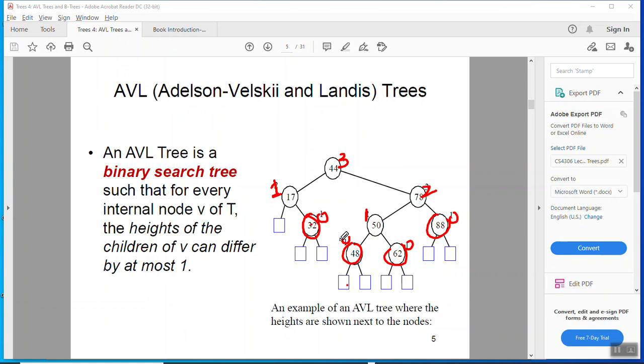So what is the difference between the heights of these subtrees? Let me go to the next slide so we can explain better.